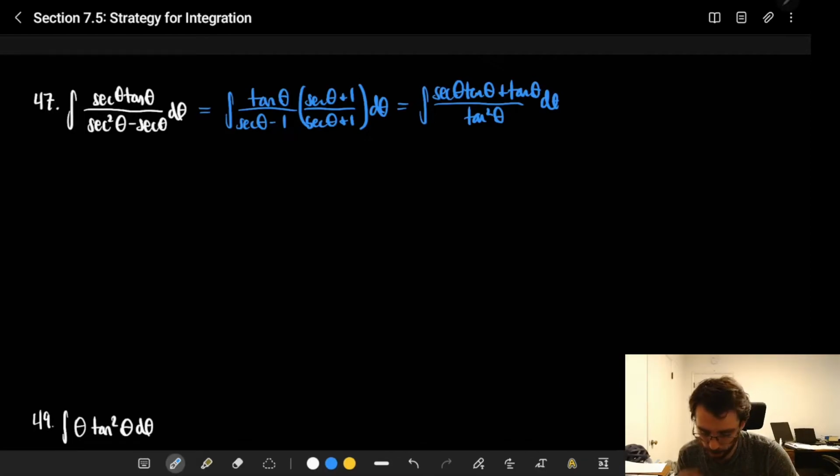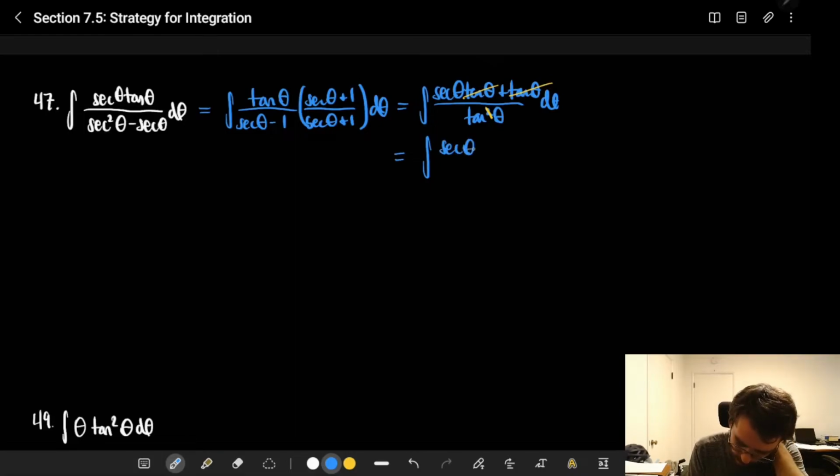Then the question is, can we handle that? Yeah. Now the tangents kind of go away, at least some of them do. So this is... Yeah. Oh. Did I just make it uglier? Well, let's see. That's secant theta plus 1 over tangent theta.